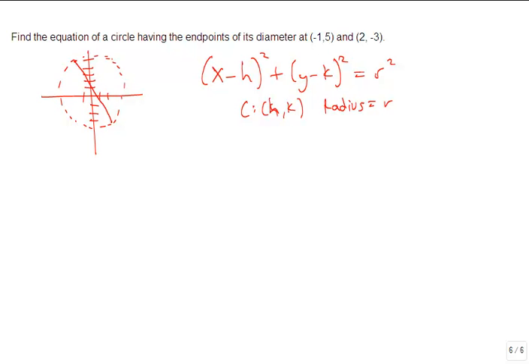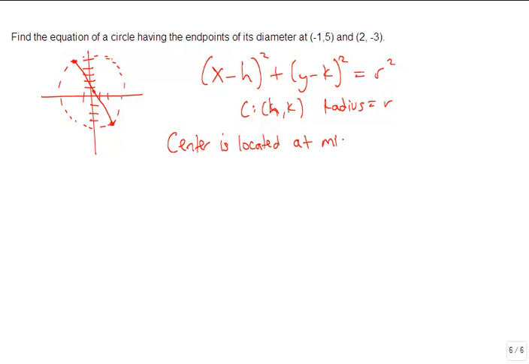What's it going to take to find out the center if we know these two endpoints of the diameter? Where's the center got to be located? You can visualize it's going to be right around here somewhere. And what's that called when you're halfway between these two endpoints? It's called your midpoint. So the center is located at the midpoint between these two endpoints of our diameter.